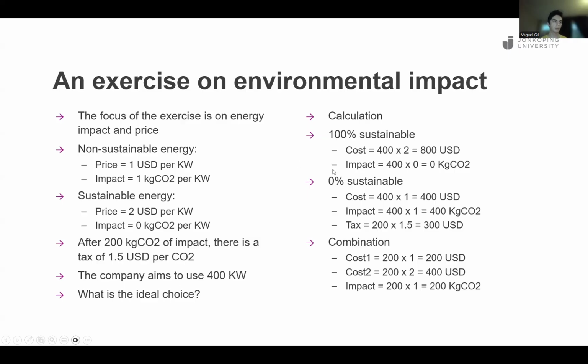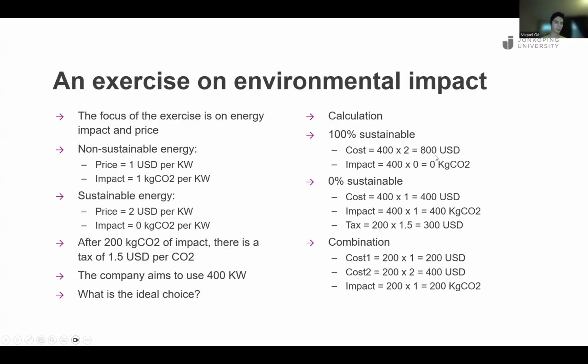For the calculation, we will do three calculations: one when we go fully sustainable, one when we go non-sustainable at all, and then a combination. Let's start with the totally sustainable option, where we focus only on sustainable energy. The company will use 400 kilowatts, so we calculate the cost: 400 kilowatts times the price. 400 times 2 is $800.